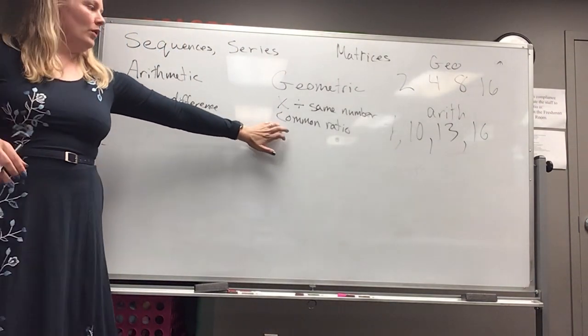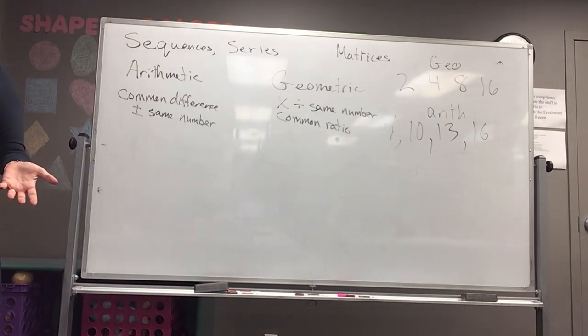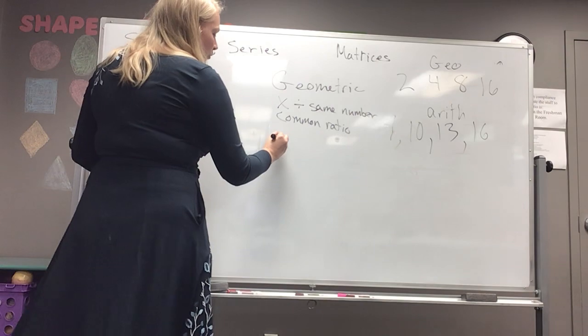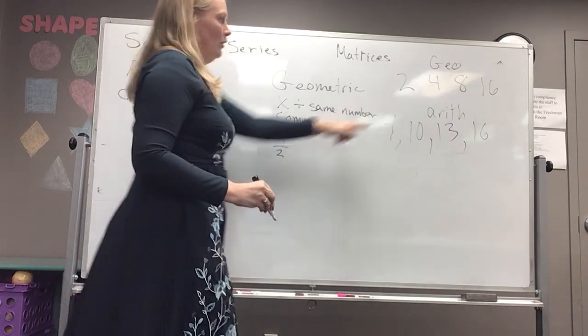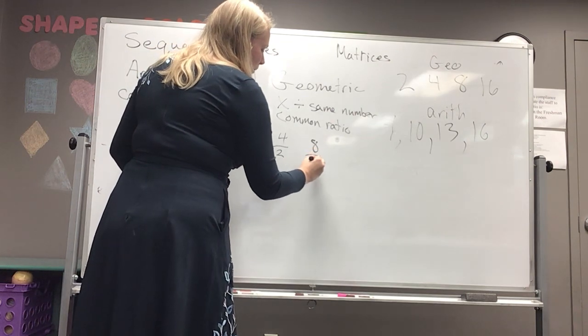Common ratio, what's a ratio? Like 2 to 1. Yeah, it's the comparison of two numbers and it's division. And so when we're talking about the common ratio, we're talking about 4 divided by 2. 4 divided by 2 is the same as 8 divided by 4.